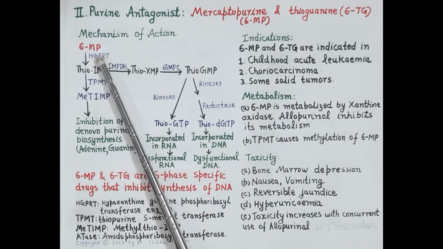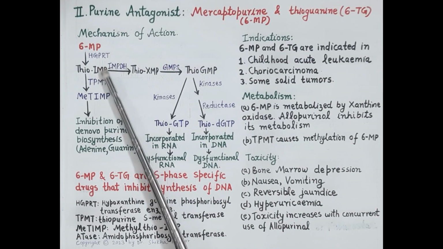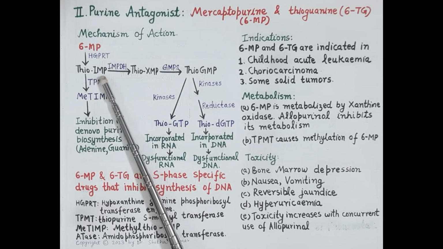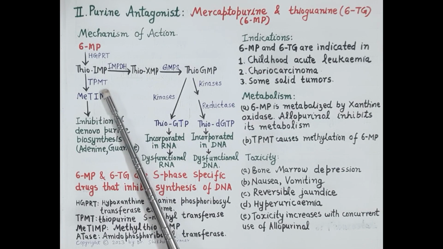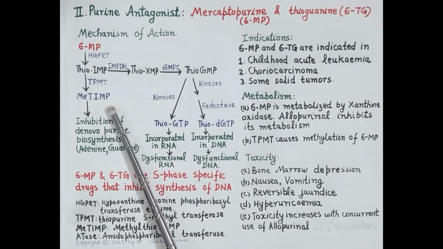Now, 6-mercaptopurine is activated by the enzyme HGPRT to thio-IMP, that is thioinosine monophosphate. Now, the enzyme TPMT, that is thiopurine S-methyl transferase, further methylates thio-IMP to methyl thio-IMP.